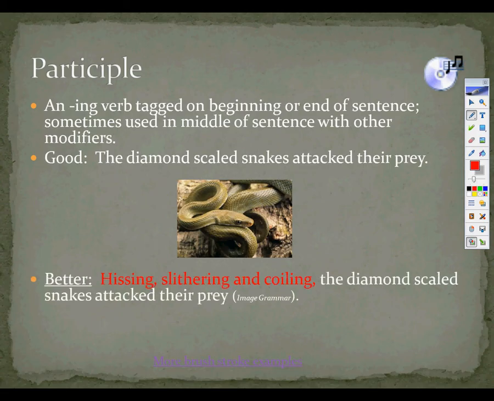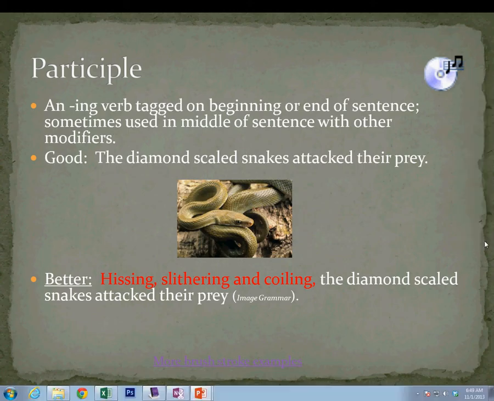However, if we change this and we add, if you notice in the red here, hissing, slithering, and coiling, the diamond-scaled snakes attacked their prey, you'll notice that there's this feel of a constant movement. Hissing, slithering, and coiling are your participles. Notice they end in ing, and again, they look like verbs, but they're actually acting like adjectives.